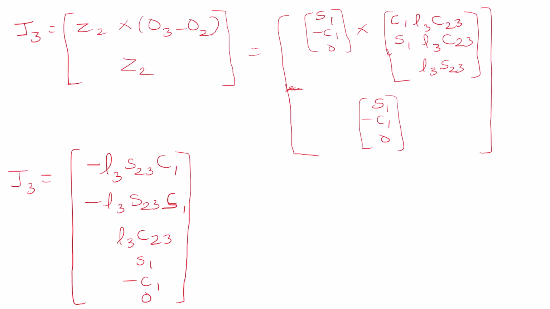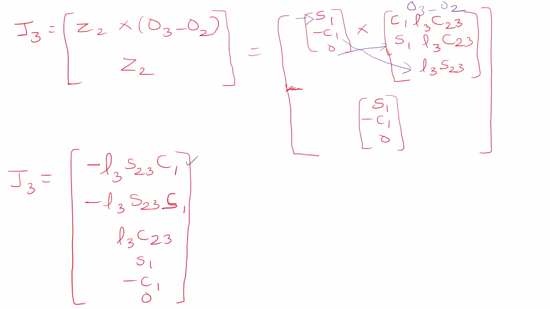So for J3 it is the cross product of Z2 and O3 minus O2. This vector is O3 minus O2. For the cross product, hiding the first row, you get minus C1 times L3S23 minus 0 times this, so that is simply minus L3S23C1.